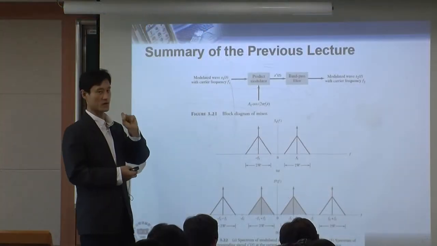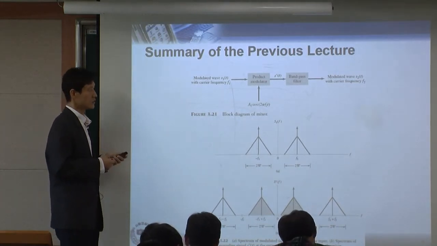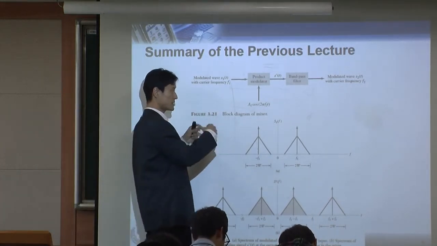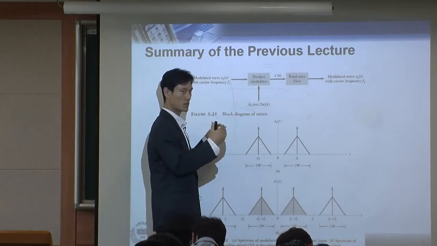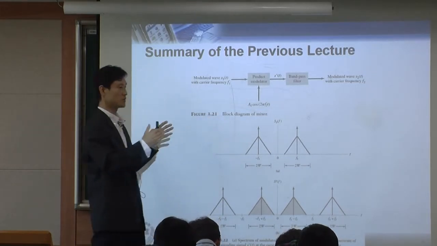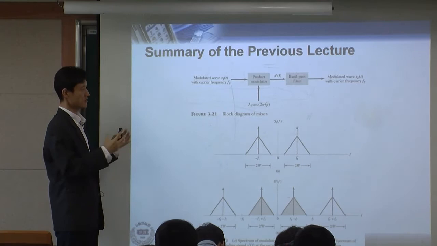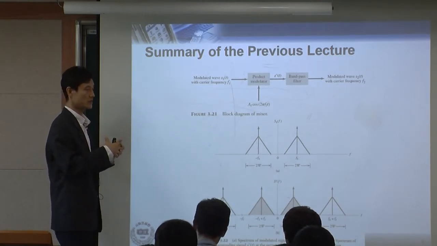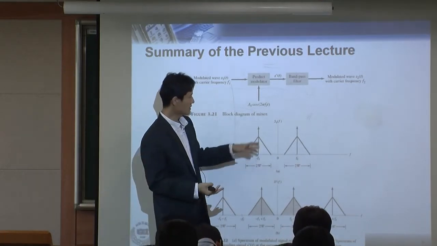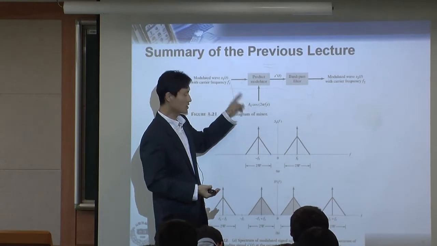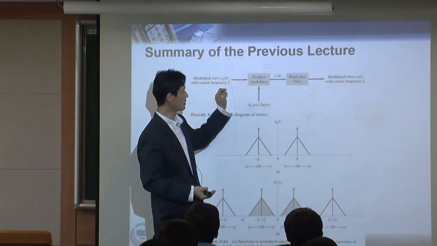Mixer is actual hardware, and that hardware mixes two different frequencies. We have two inputs, right? Each input is a different frequency. The mixer mixes these two different frequencies, adding or subtracting them.